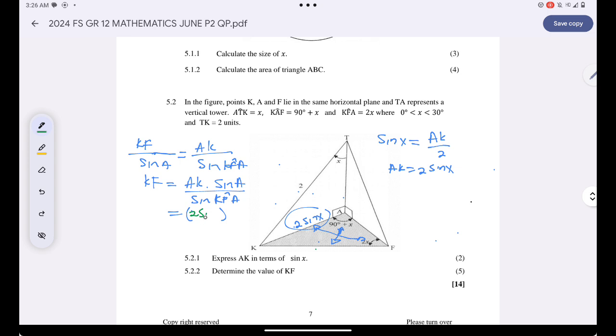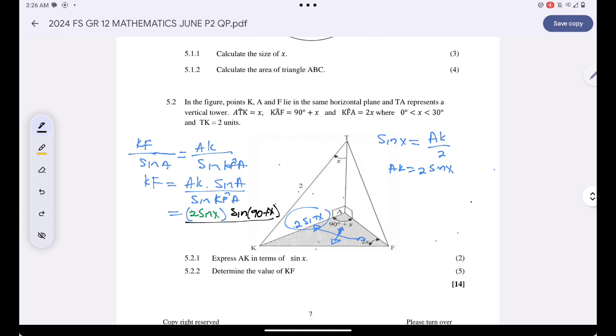The length of AK is this one, so I'll write it in green. It's 2 sine x, and then sine of angle A there is sine of 90 plus x.